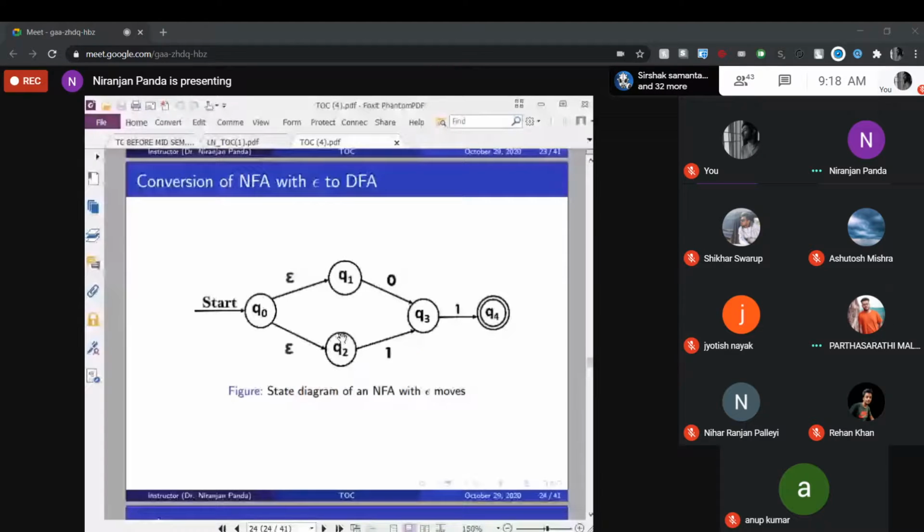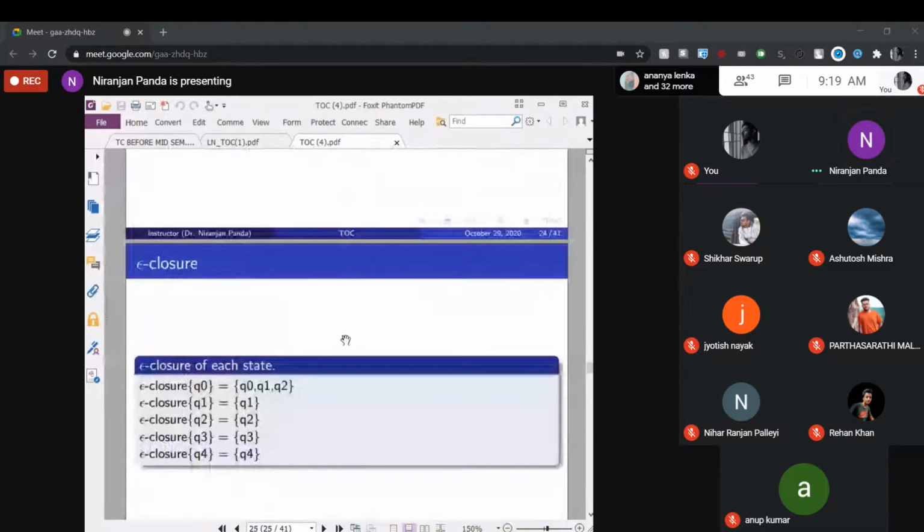Q1, Q2. Anything more? No, sir. Very good. Starting with Q0, I am saying the state itself, that is Q0. And from Q0, providing an epsilon, I can reach Q1, and providing an epsilon, I can reach Q2.